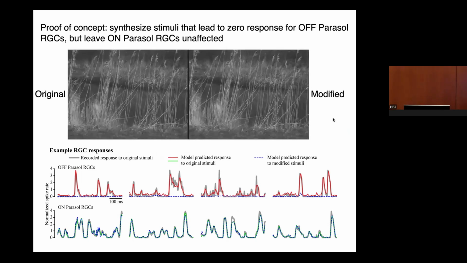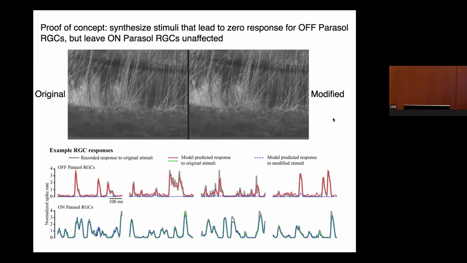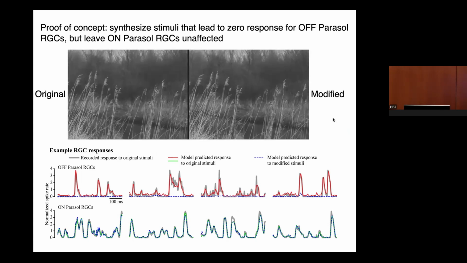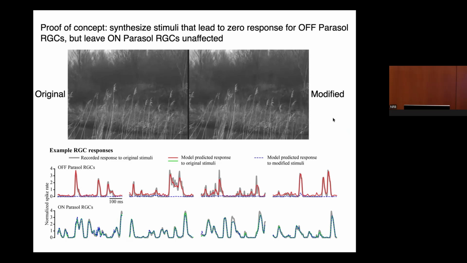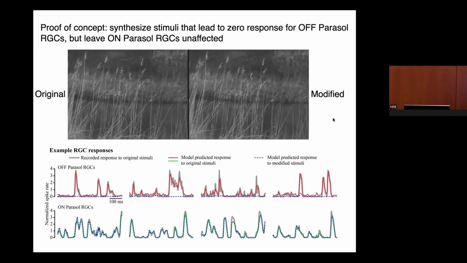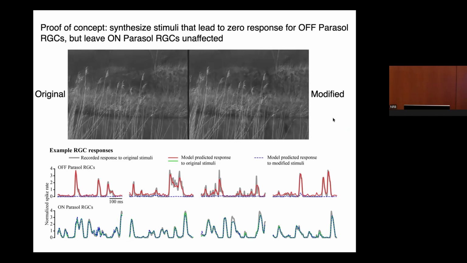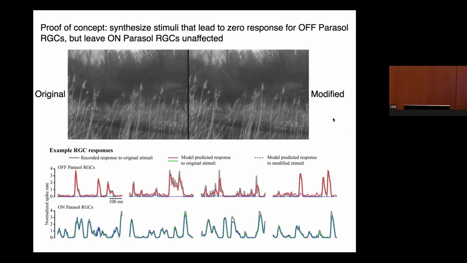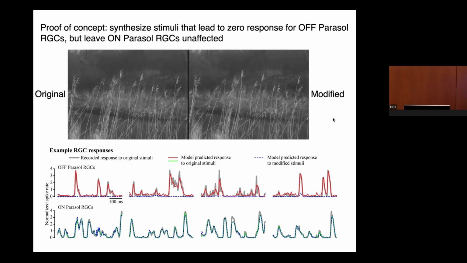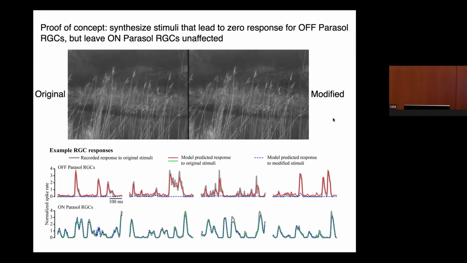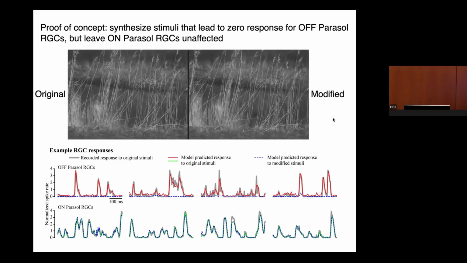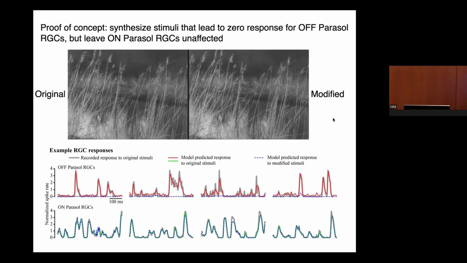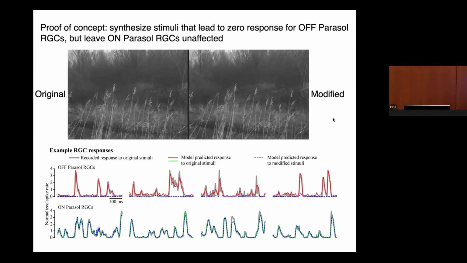After that modification process, we end up with a stimulus that doesn't drive the off-parasol cells at all, as far as I'm looking at. So here's firing versus time for the 4 off-parasol cells or on-parasol demonstration. The neuron's response to the movie is in gray. The model's prediction is the colored curve. And then the model's prediction for the response to the modified movie is in blue.